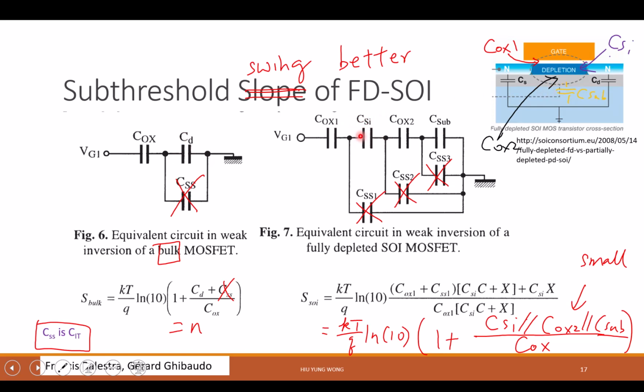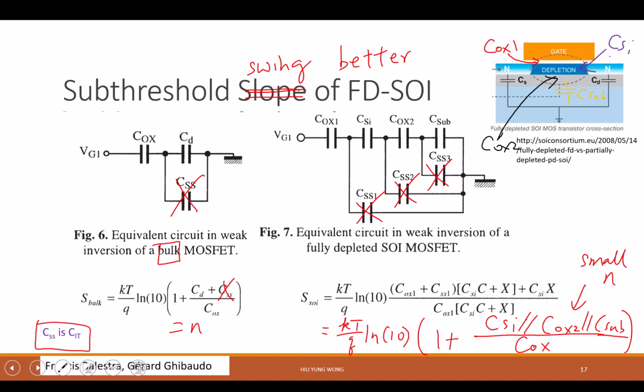But then it's in series with COX2 and also the substrate, if there's any depletion at the substrate. So as a result, you have a very small capacitance for this part. So N is smaller, it almost equals 1. So you almost have an ideal subthreshold slope.